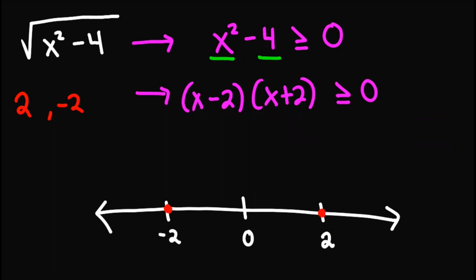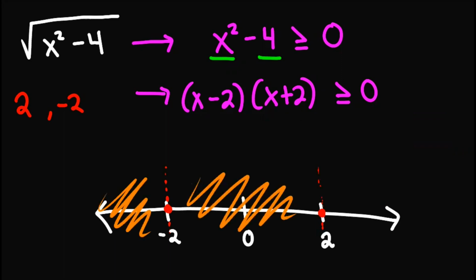And we actually treat 2 and negative 2 as critical points. When we say that it's a critical point, we divide the region or this interval into this section, and this section.